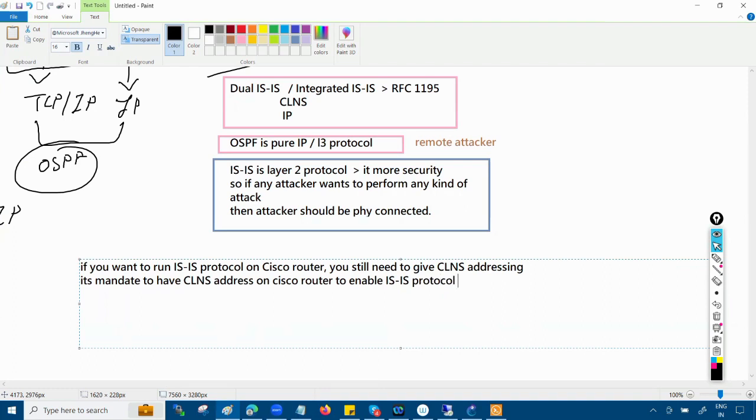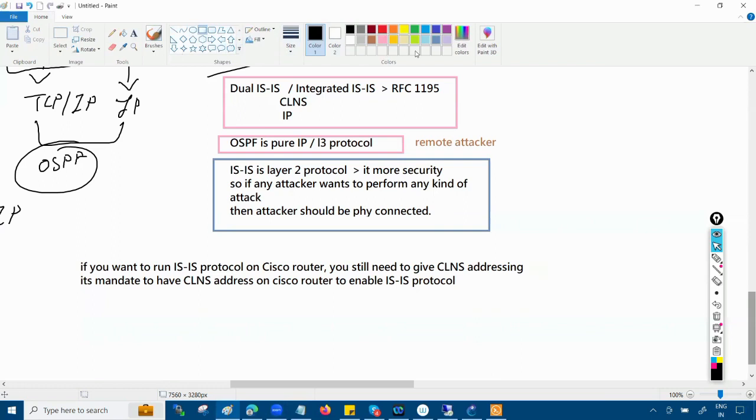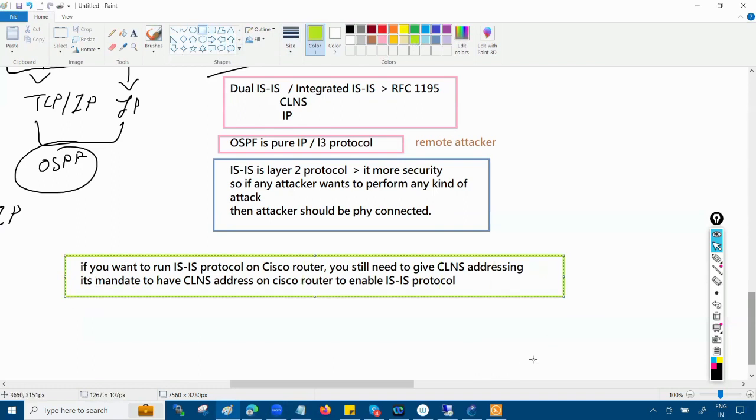So IS-IS, as I told you, is a layer 2 protocol, right? But you really need to give the CLNS addressing. If you don't give the CLNS address, you cannot run IS-IS on the Cisco router. You really need to take care of that.